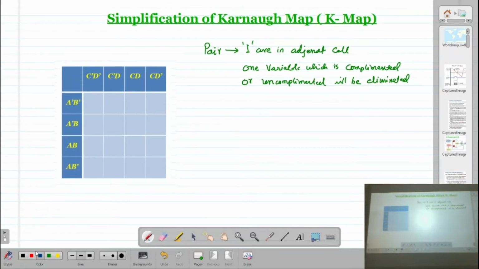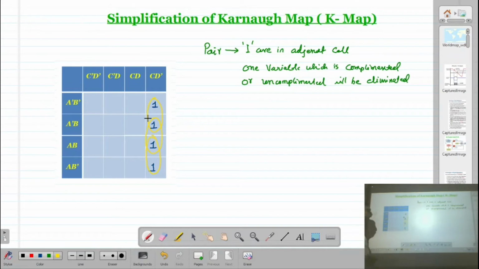Okay. Now suppose we have a 1 here, here, here and here. Correct? Then how many pairs are you finding? One can say that one of the pairs is this, another pair is this, and the third one is this.